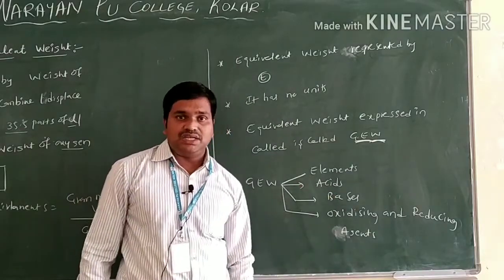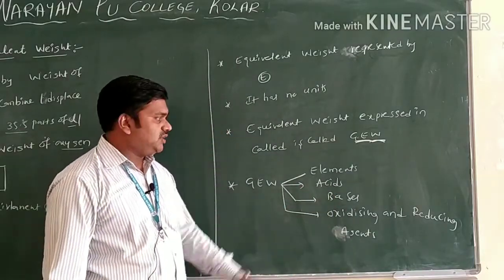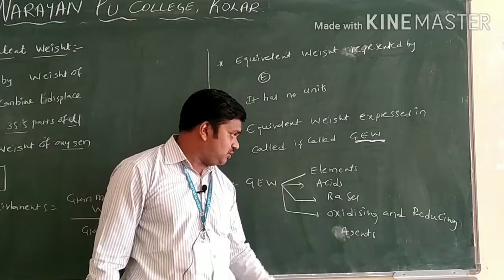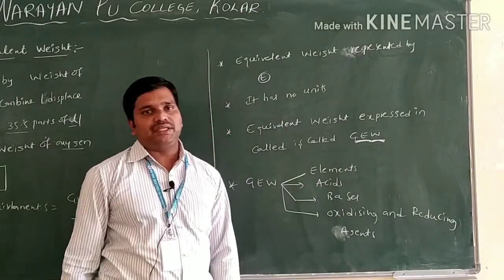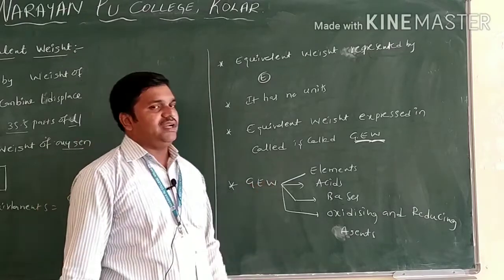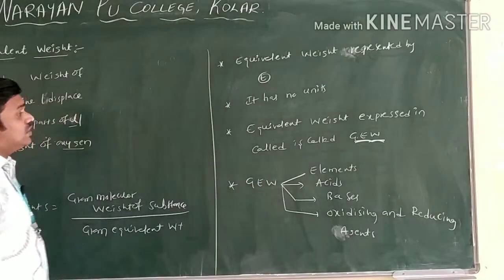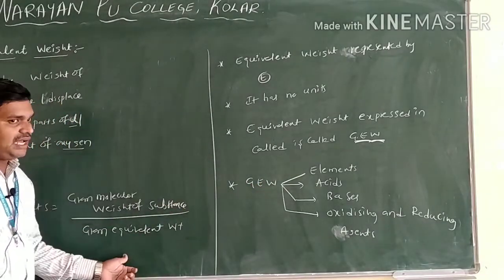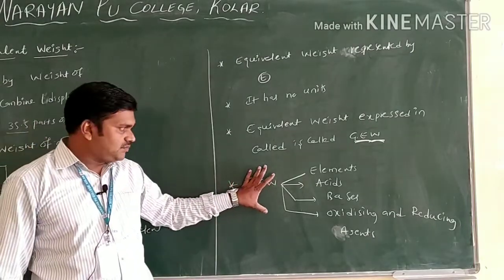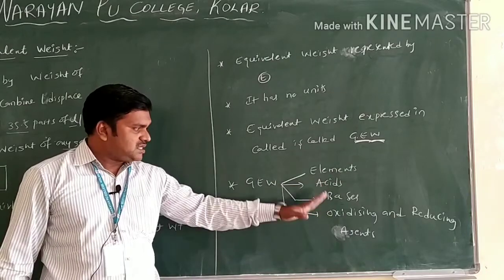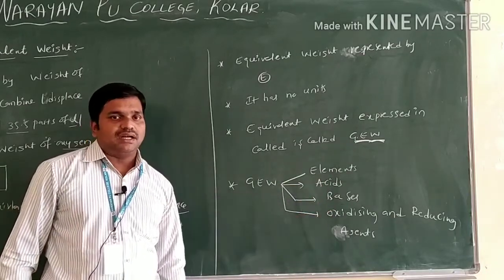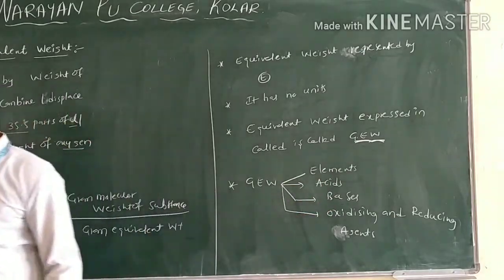So this is regarding the concept of equivalent weight. Mainly you can see the formula and the examples of how to find the gram equivalent weight of elements, acids, bases, oxidizing and reducing agents.